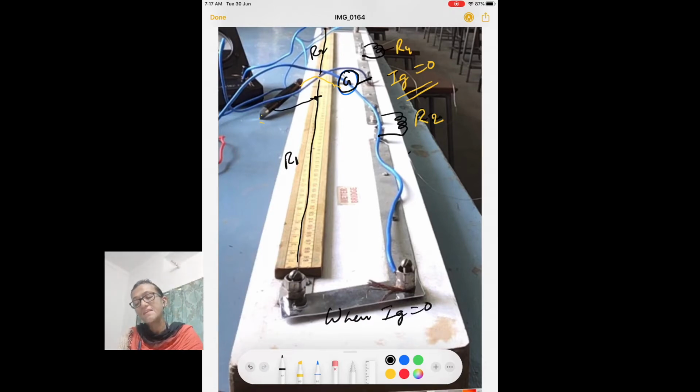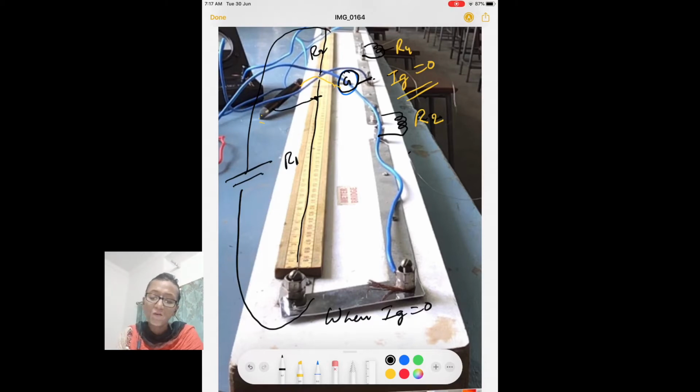You can see this is a rectangular mesh. From two terminals, Ig comes equal to 0, and obviously this terminal is connected to a battery. So two diagonally opposite terminals are connected to the galvanometer and two diagonally opposite terminals are connected to a battery.